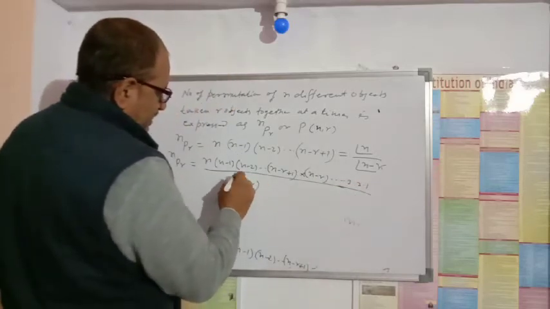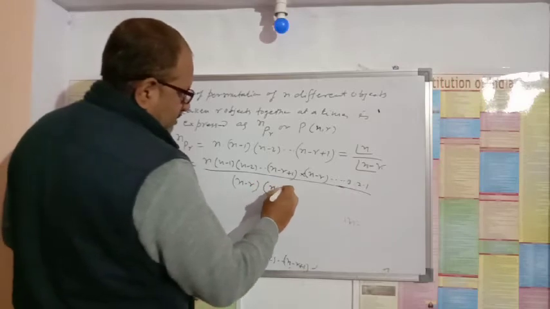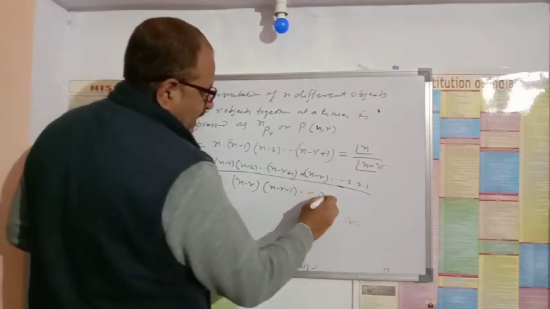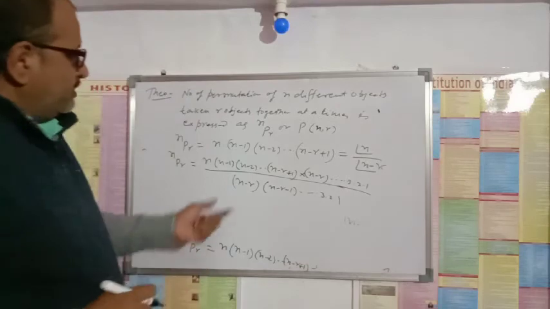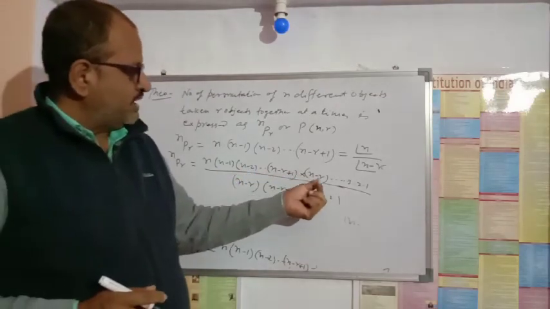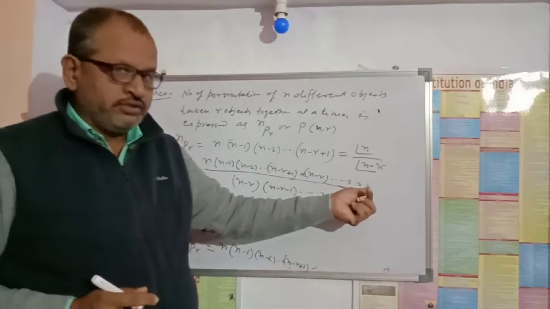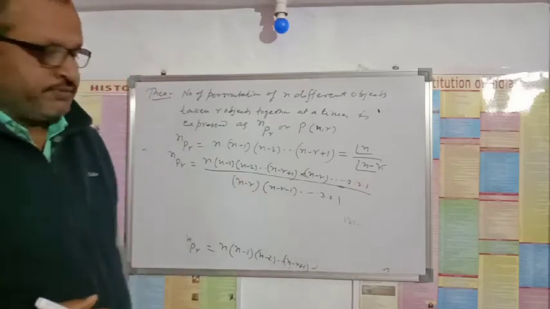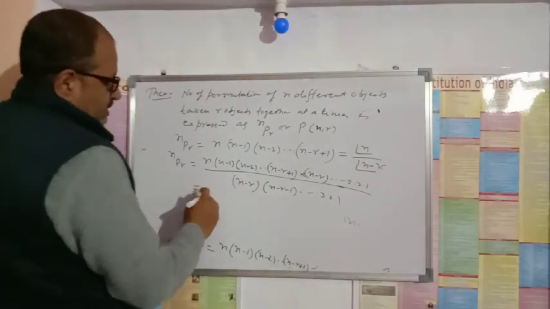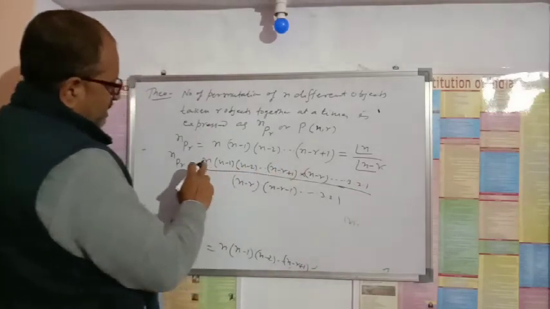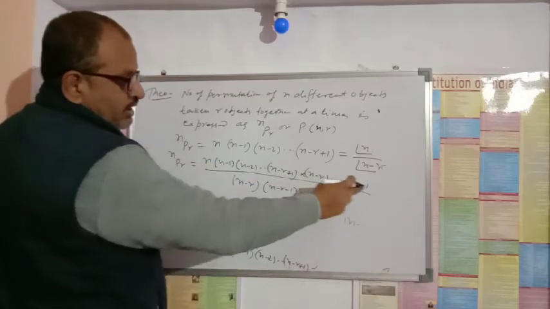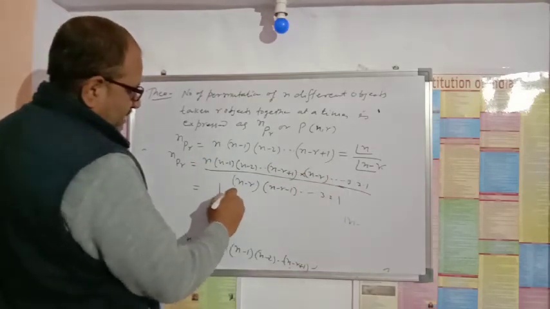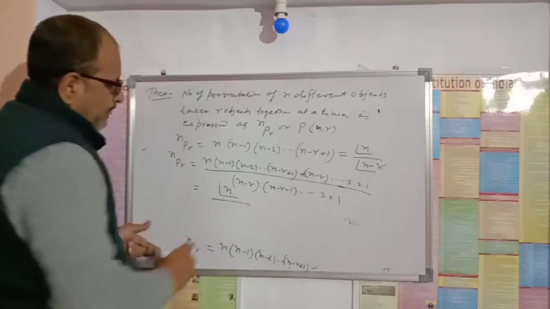Similarly, divide by n minus r, n minus r minus 1, up to 3, 2, 1. So multiply it by n minus r up to 3, 2, 1 and divide it also. Then what is the numerator? The numerator is the continued product of n natural numbers, we will write it factorial n.